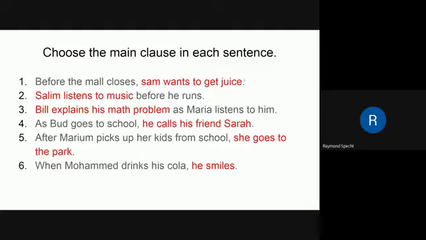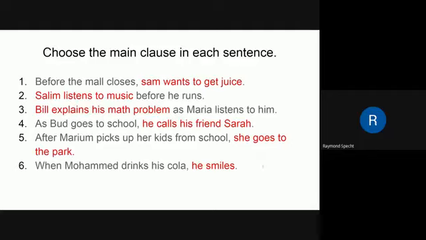Number 2, Salim listens to music before he runs. 3, Bill explains his math problem as Maria listens to him. 4, as Bud goes to school, he calls his friend Sarah. 5, after Miriam picks up her kids, she goes to the park. And last one, number 6, when Muhammad drinks his cola, he smiles.